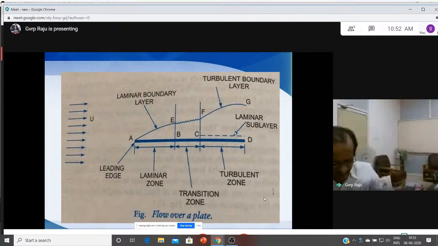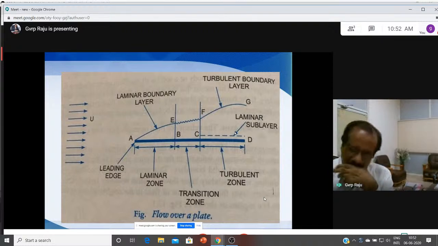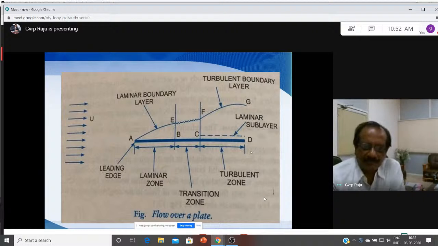Normally in the objective type question, they also ask what a laminar sublayer is. See here, this is a turbulent zone, so this is a turbulent boundary layer.